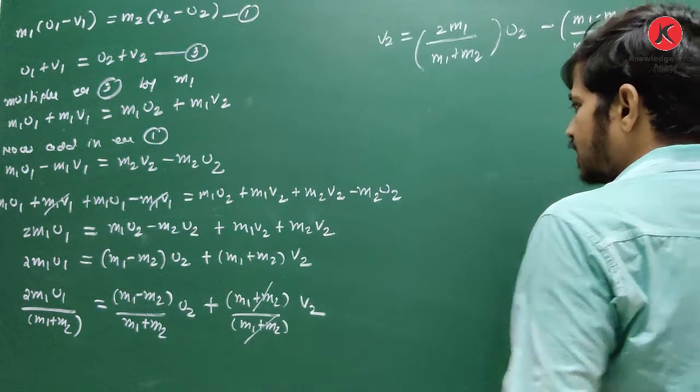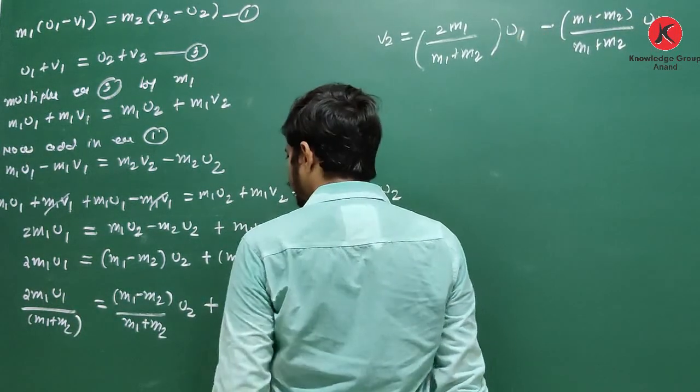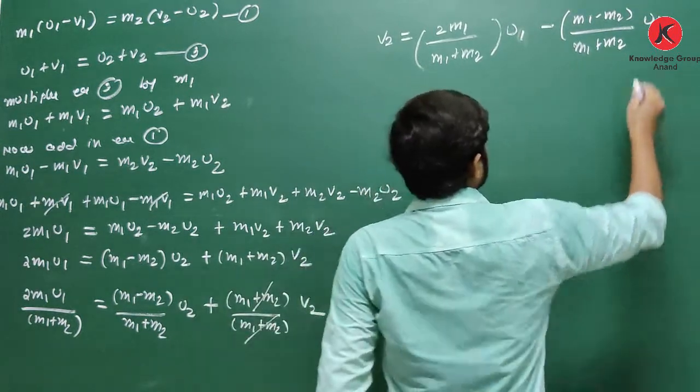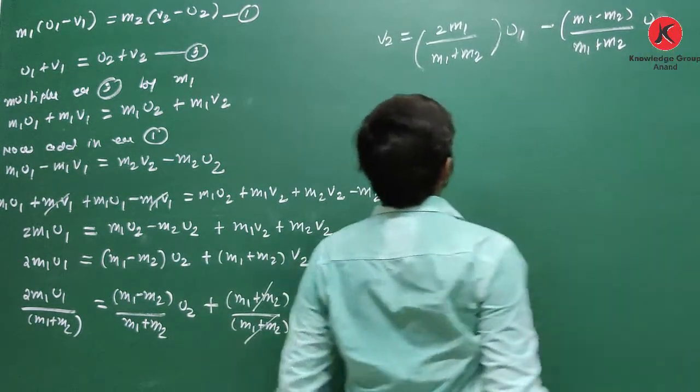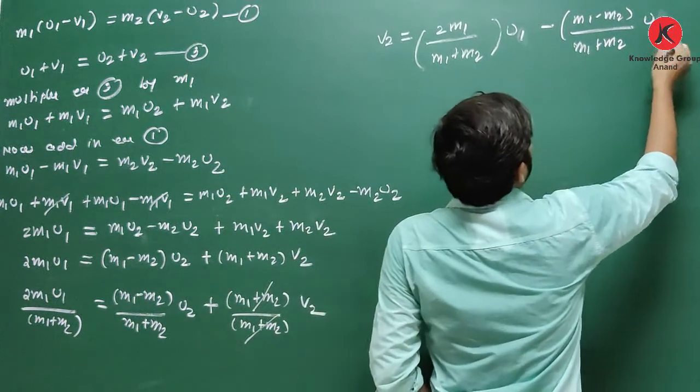Clear about this? Yes, here it is 2 M1 U1 upon M1 plus M2, and this one is M1 minus M2 upon M1 plus M2 U2. So yes, it is the equation of V2. Clear about this?